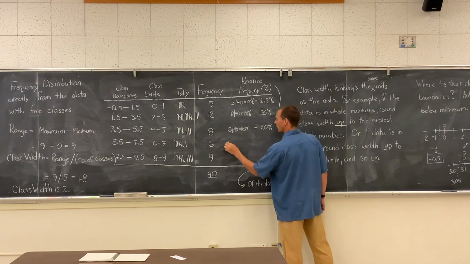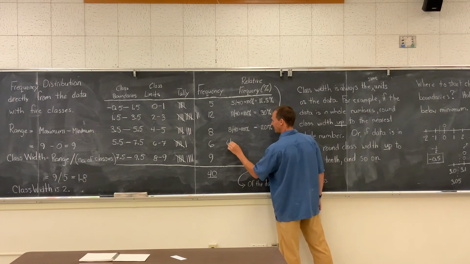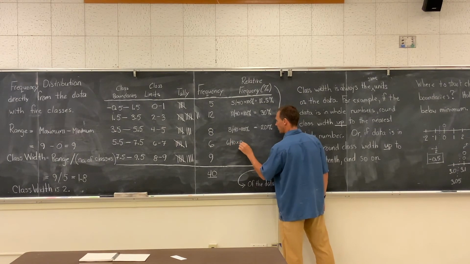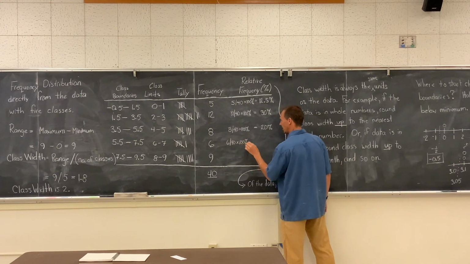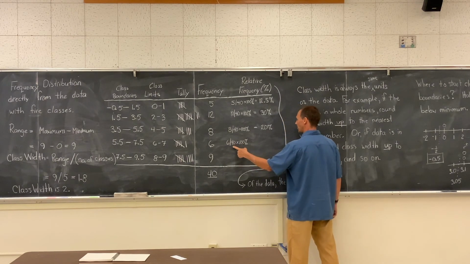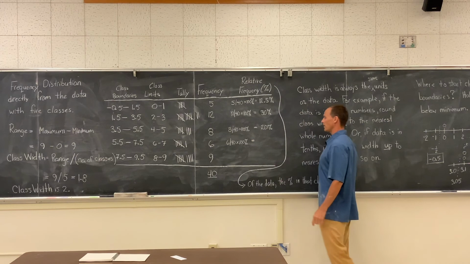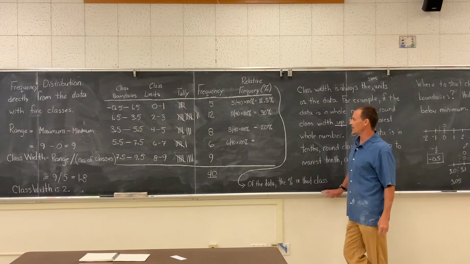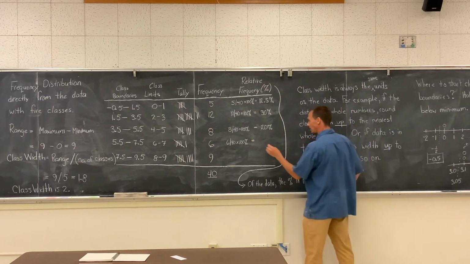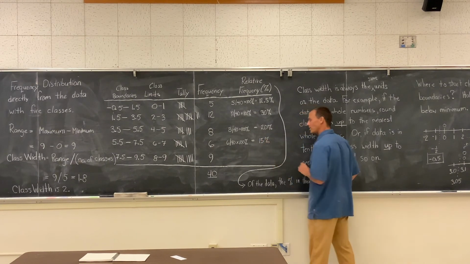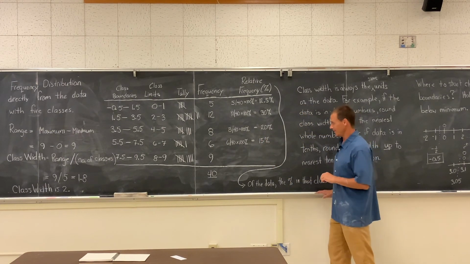So in the fourth class, 6 of our 40 data values are in the fourth class, which is the same as 6 divided by 40 times 100%. That's going to be 15%. 15% of our data falls into the fourth class.